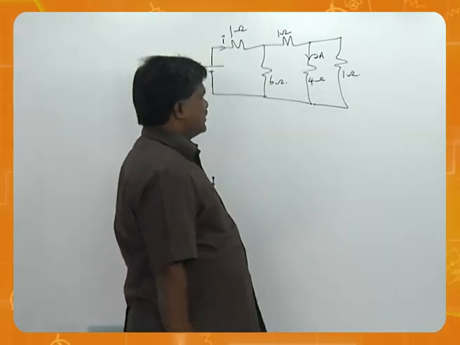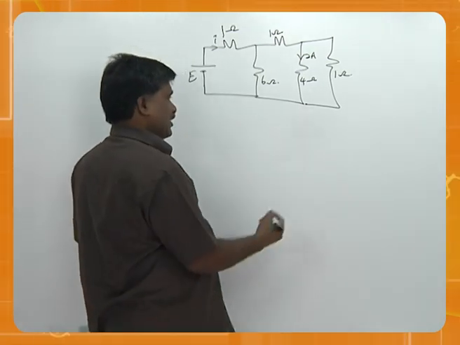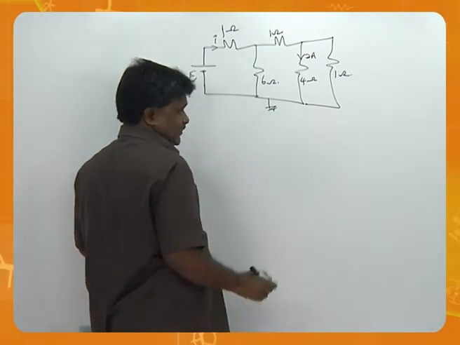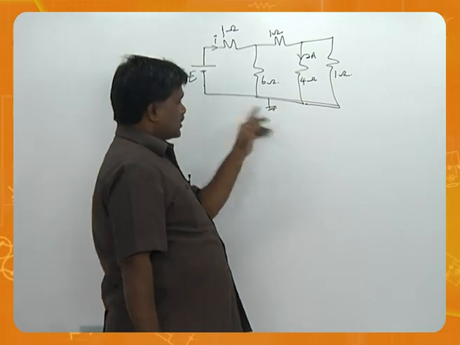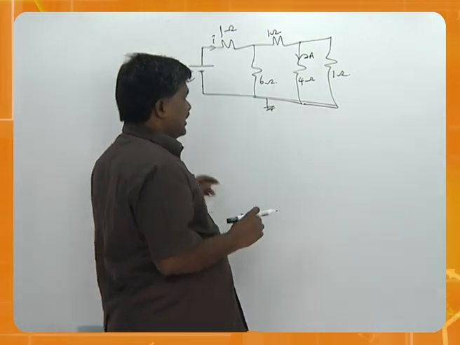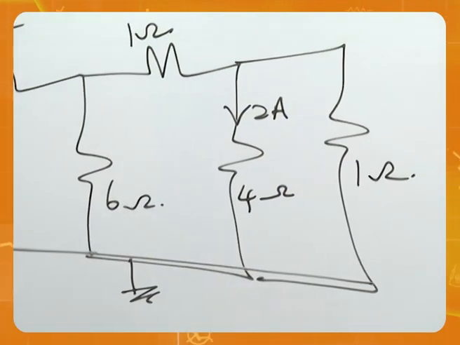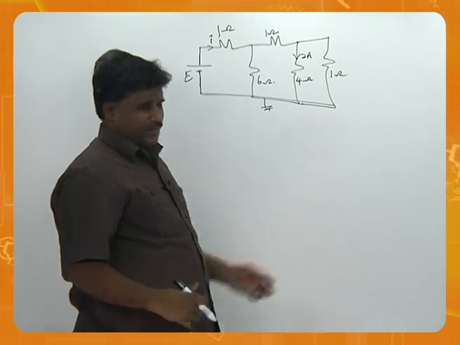Please see the approach. I am doing the solution. If you treat this as ground, because this is common for all, always try to use the existing values. Whatever is known, we always go from known to unknown.